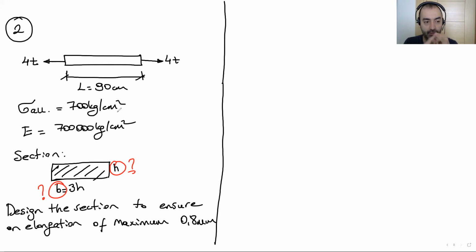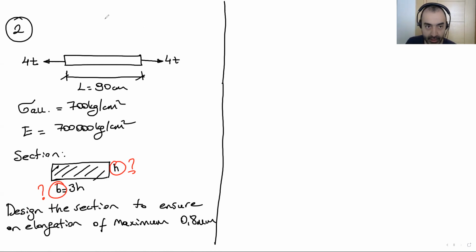So for strength, we're going to calculate an area which ensures the maximum allowable stress. And then we are going to calculate an area for the maximum 0.8 millimeter elongation. Then we are going to compare and select one of them. Which one is correct? Let's do it.